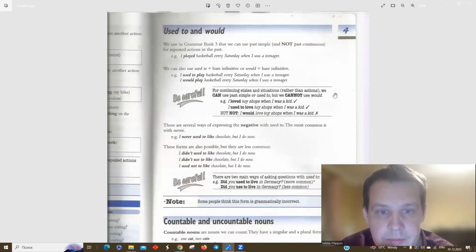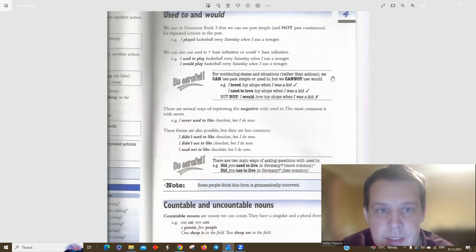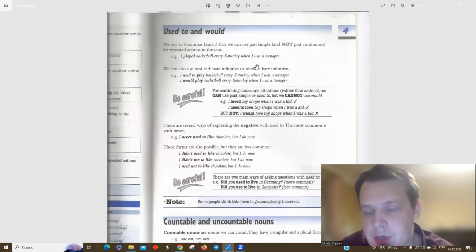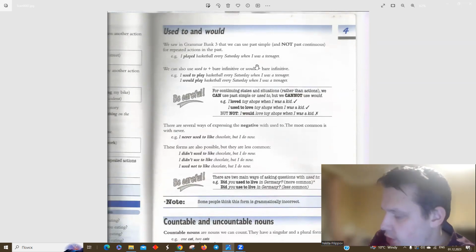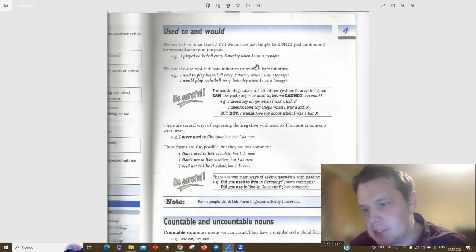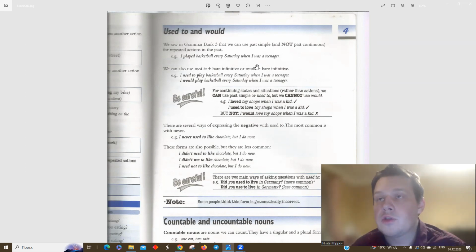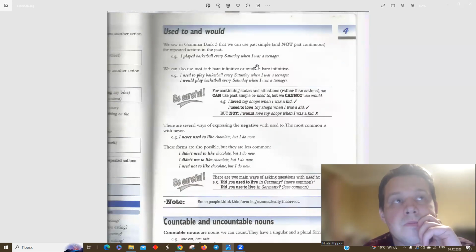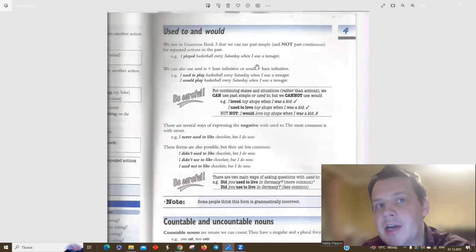What we are speaking about here is that we sometimes can use this grammar structure for some events in the past, exactly in the past, that were very close to us. It was like our habit, basically.